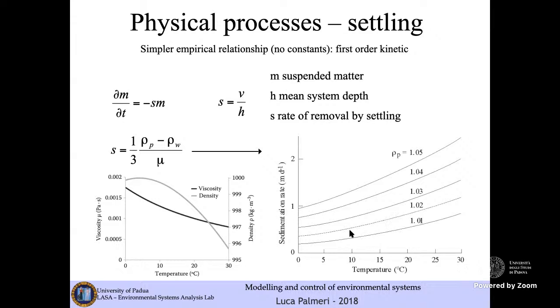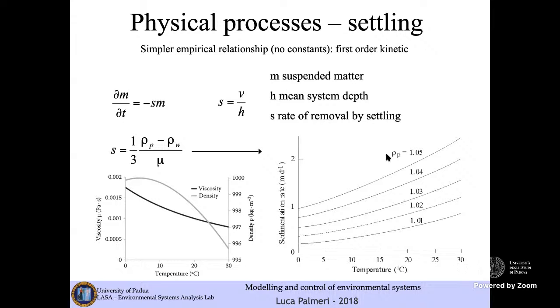By these graphs, for different densities of the particles, from less to more dense particles, we have this growing function with temperature, so that we may say that with increasing temperature, the settling rate or the settling speed of a particle will increase. This means that in conditions of increasing temperature, the settling rate will increase as well.